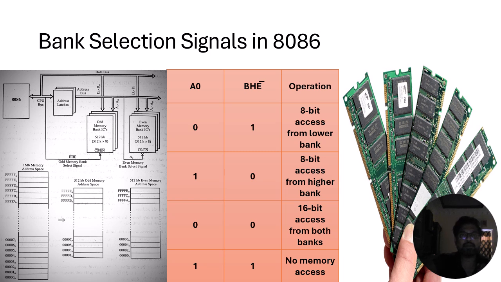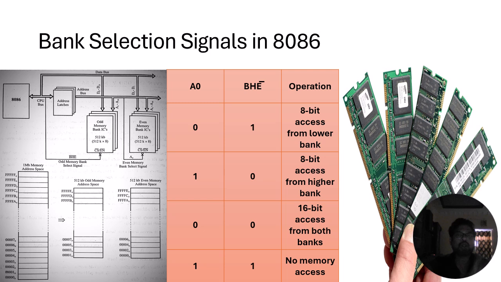Using A0 and BHE together, the processor decides which bank or banks are activated. The processor generates A0 and BHE based on the instruction written in the program. So the instruction determines whether the data is 8-bit or 16-bit, whether access is aligned or misaligned, and whether one or two cycles are required.